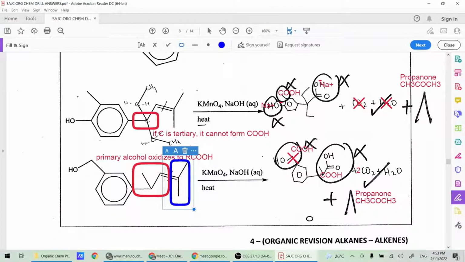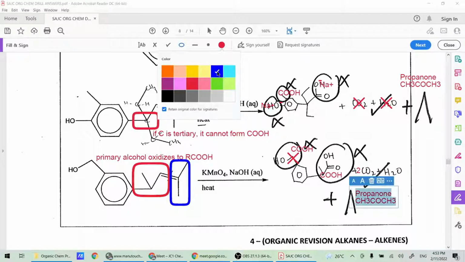Yeah, this section over here is a propanone. Let's change this to blue to indicate the section it represents.